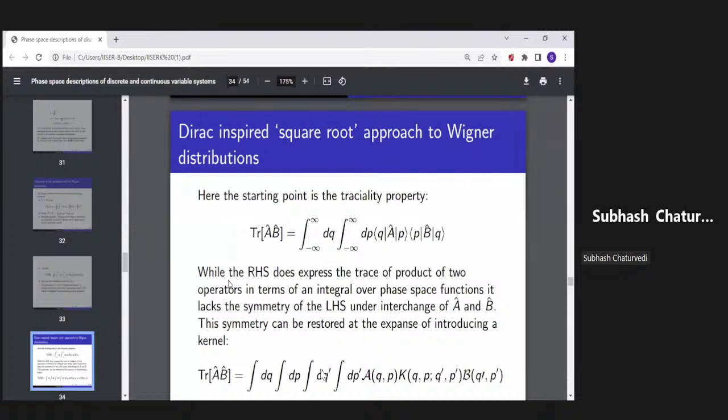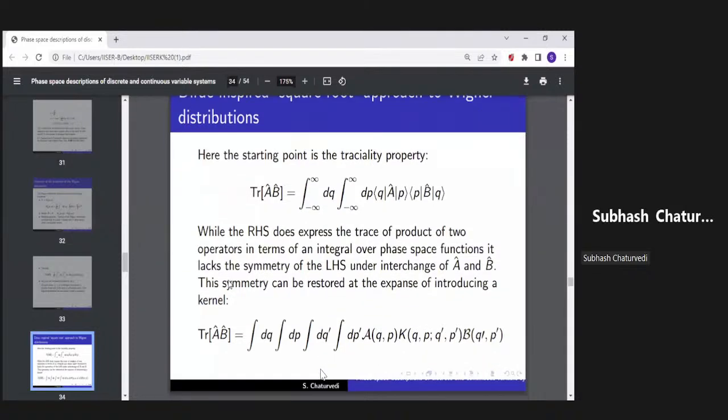So now we ask the question in a typical Dirac fashion, whether we can make the right-hand side also manifestly symmetric in A and B through some suitable manipulations. This can indeed be done, and I would skip the intermediate steps for you to work out.